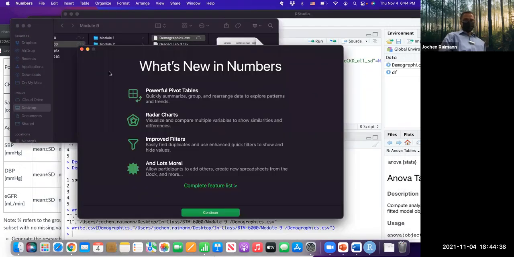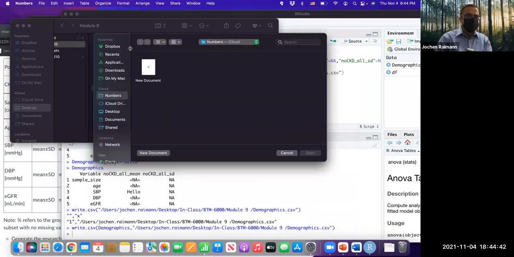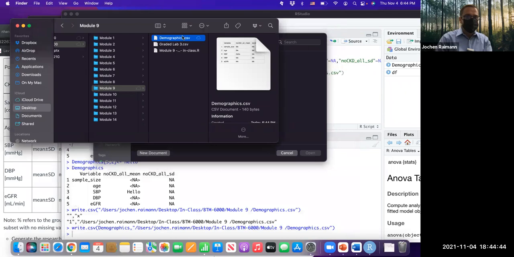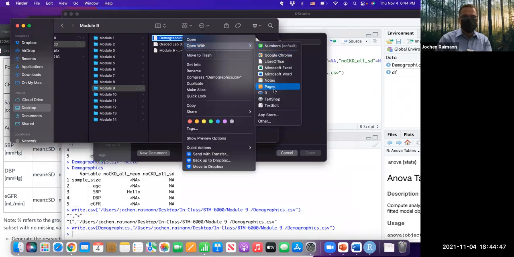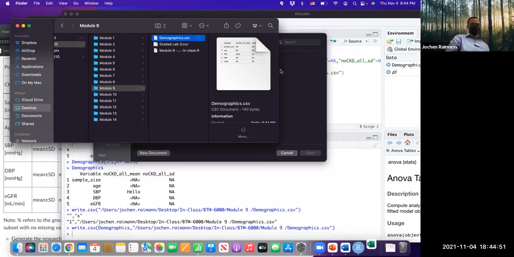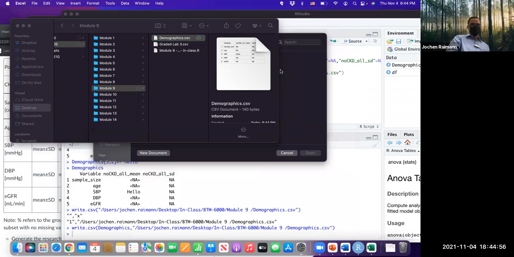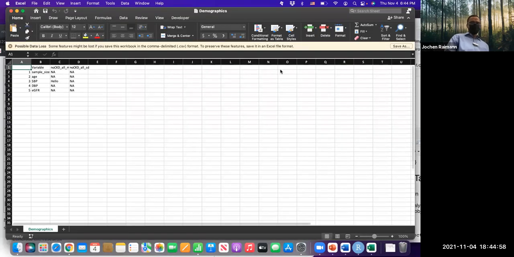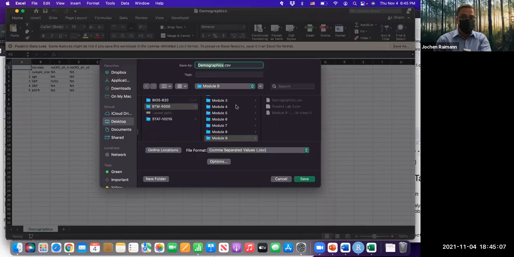So now it's opened stupidly with Numbers, which I don't want to use, because you can do it now in the last step. I'm showing you this so that you can do it at home if you want to get it in a format that you can just copy paste into a Word document.